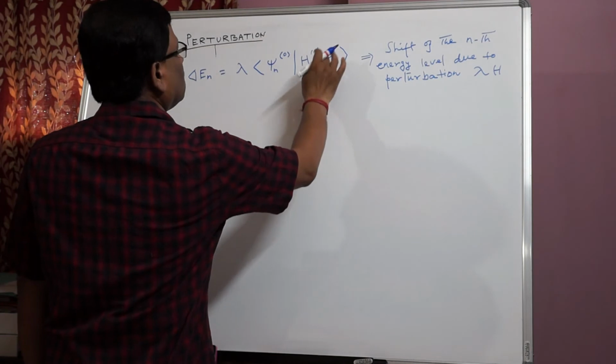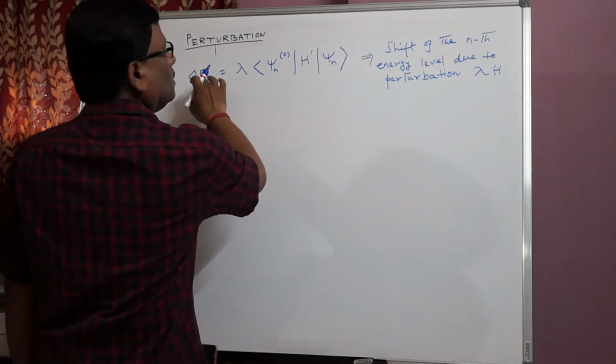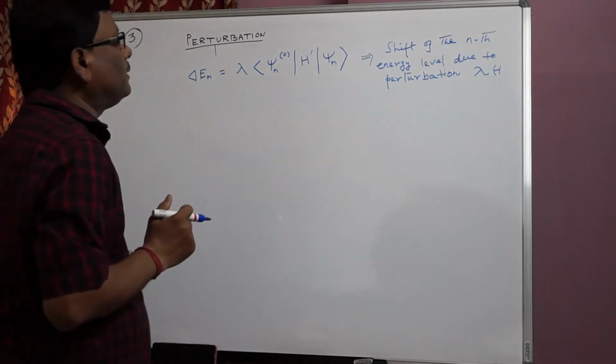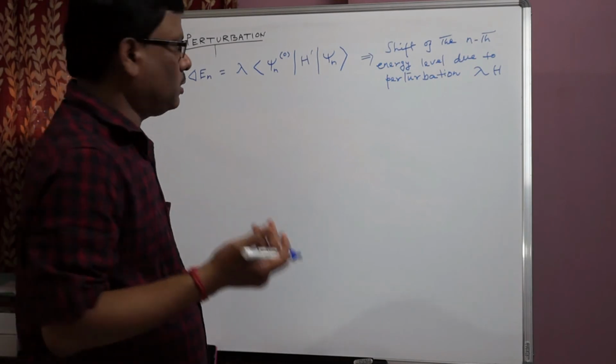So to calculate del psi n, which is the shift to the nth energy level, we use another expression of psi n.